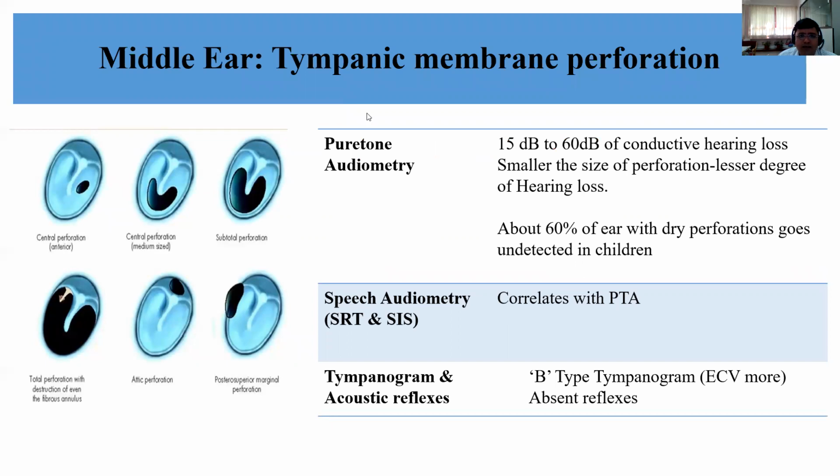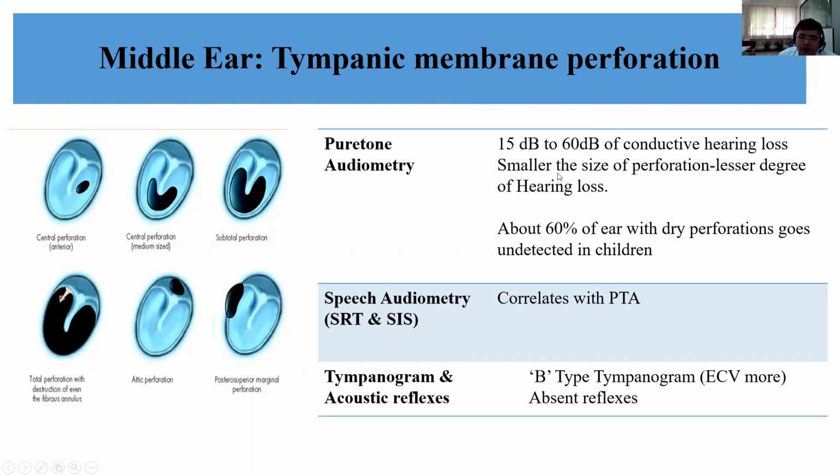The second condition, which is most often seen and encountered by you all, is tympanic membrane perforations. I will not go into detail about different types of tympanic membrane perforation, whether it is subtotal, central, or attic perforations. Irrespective of the type of perforation, these tympanic membrane perforations lead to conductive hearing loss.